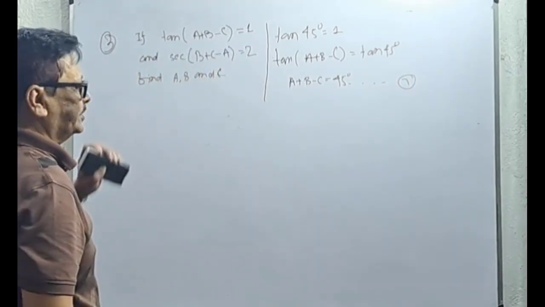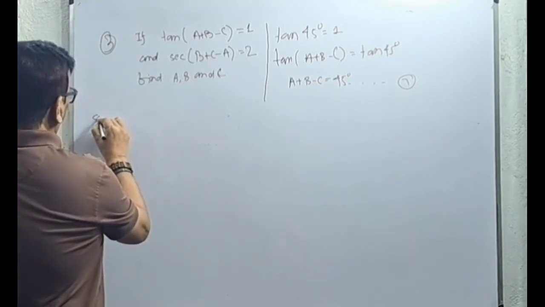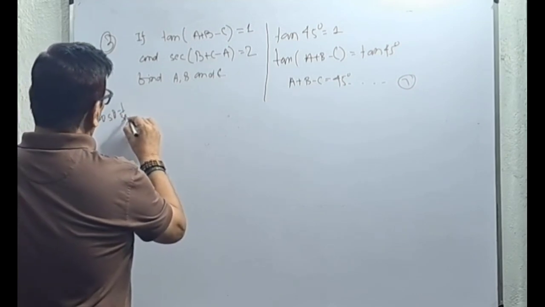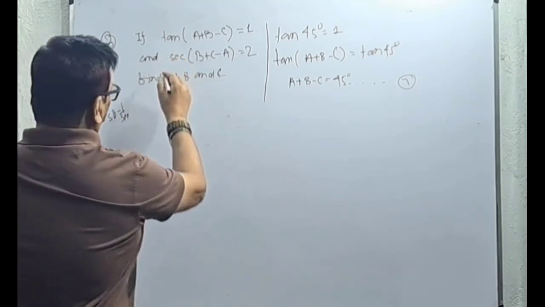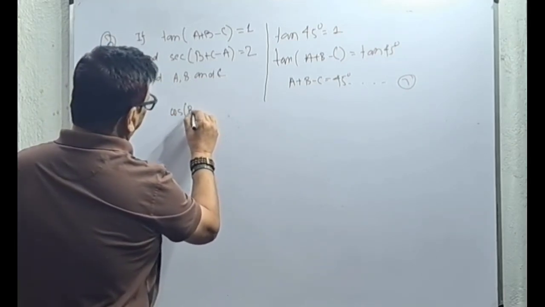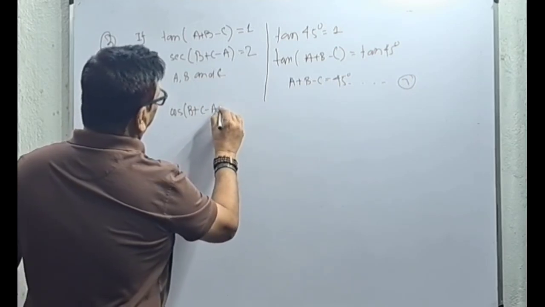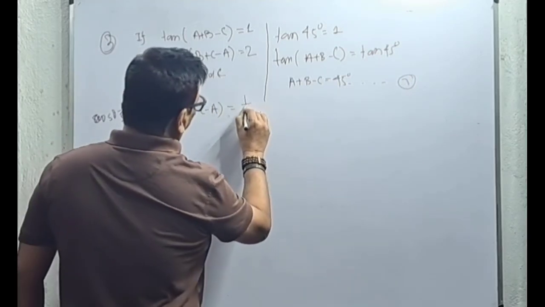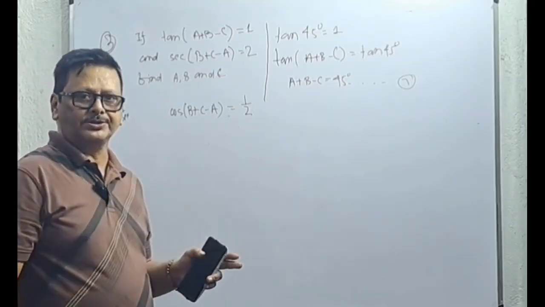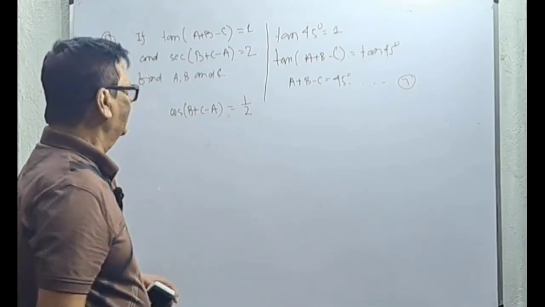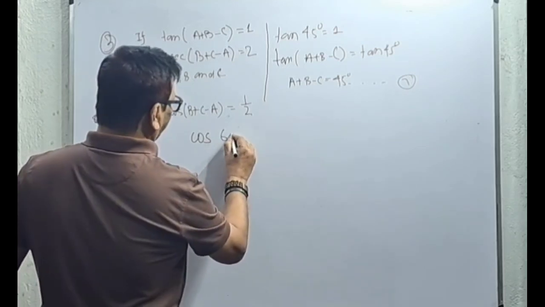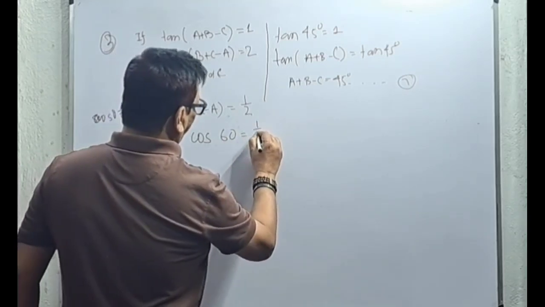Okay. Now sec. cos theta is 1 by sec theta, right? So we can write cos (B plus C minus A) is equal to 1 by 2. Again, from the knowledge of values of special angles, we know that cos 60 degree is equal to 1 by 2.